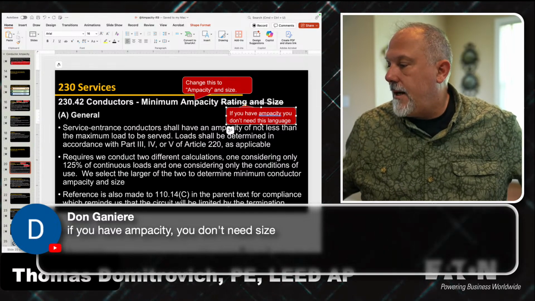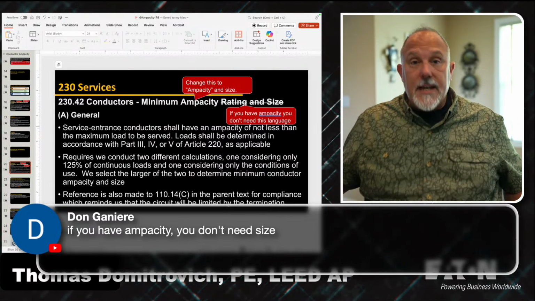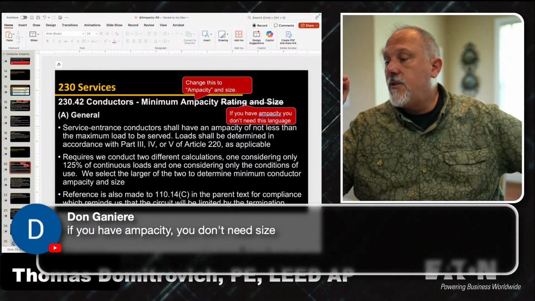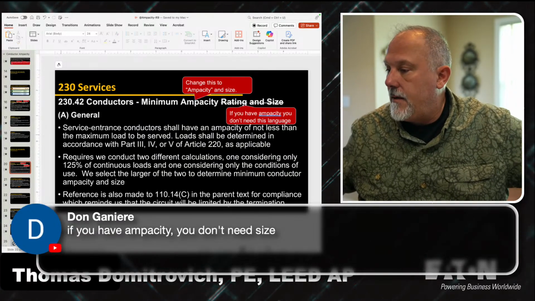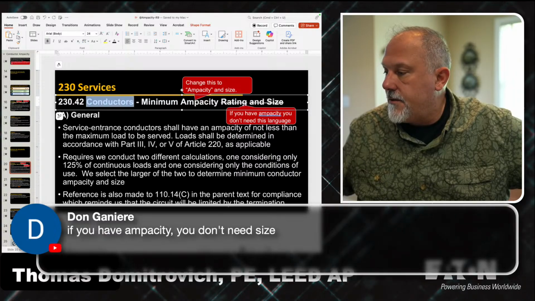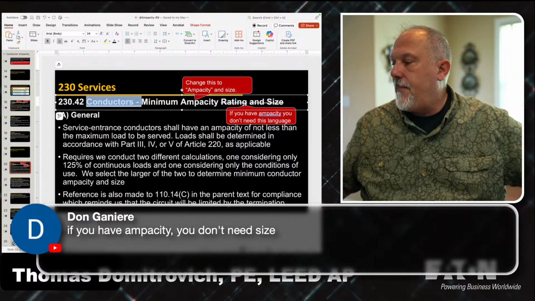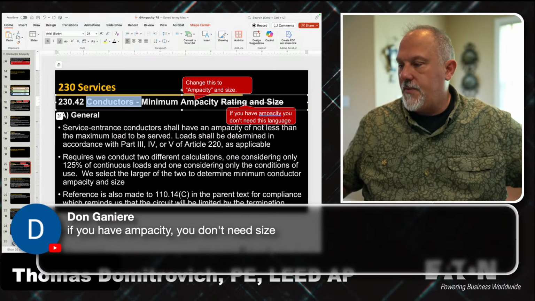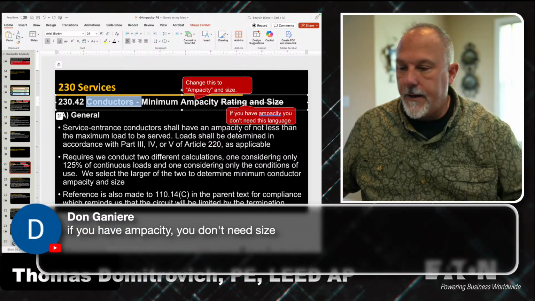Right? I like it. Okay, so queso, that's cheese. So we got 230.42 conductors, conductors dash, which is new language, minimum ampacity. Oh man, it's beautiful, Dawn. Beautiful. I like it. I like it a lot.